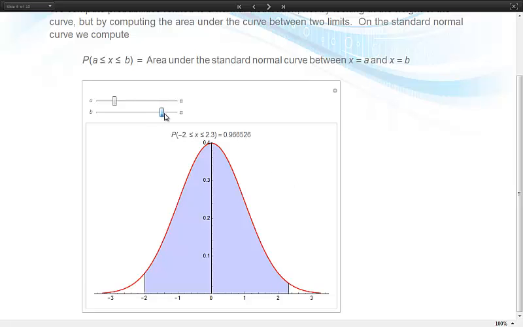And then if I go all the way out to 3 standard deviations above the mean and 3 standard deviations below, that's plus or minus 3 on the bell curve, I get my 99.7%, or 0.9973 to be exact.